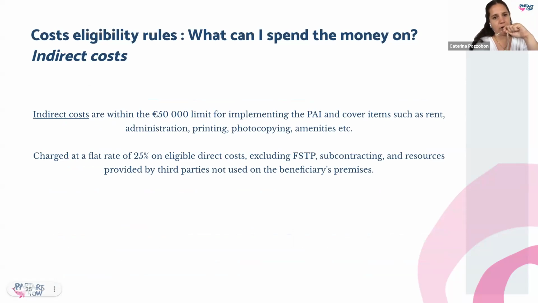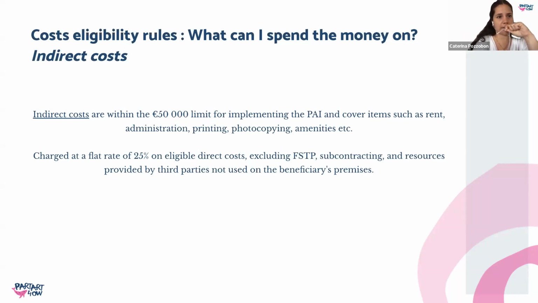Finally, the final category of eligible costs is indirect costs. Indirect costs are all those expenses that cover things such as rent, administration, printing, photocopying, so everyday expenses, and they can cover up to 25% of the eligible direct costs.